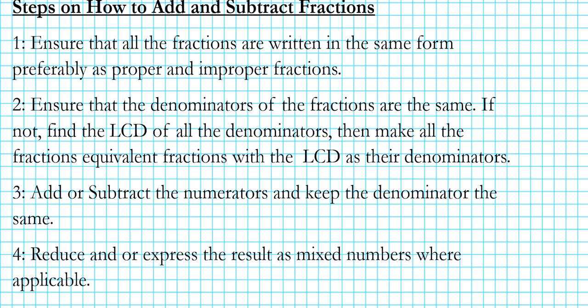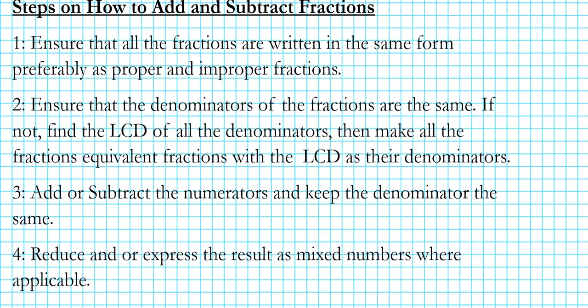Number two, you want to ensure that the denominators of the fractions are the same. If they're not, then you have to find the LCD of all the denominators, then convert all the fractions into equivalent fractions with their denominators equal to that LCD value.